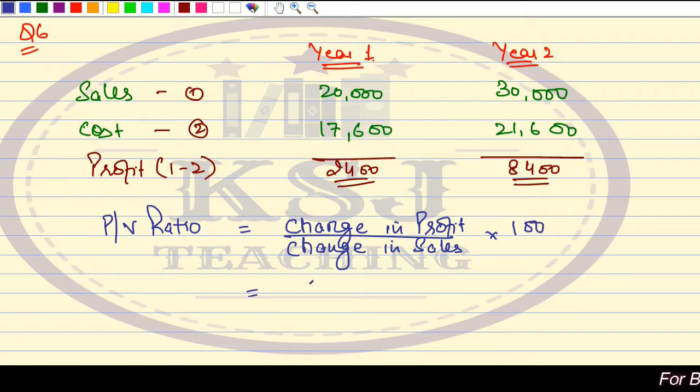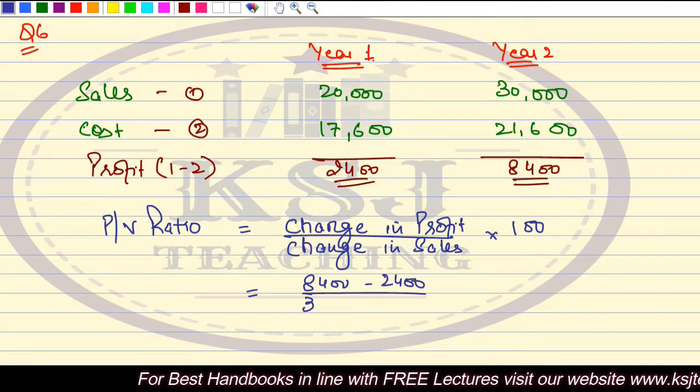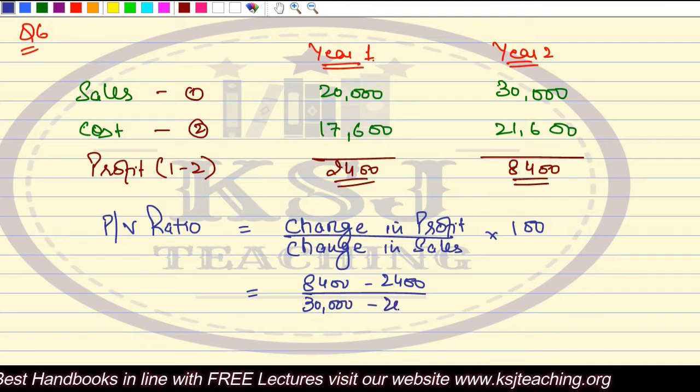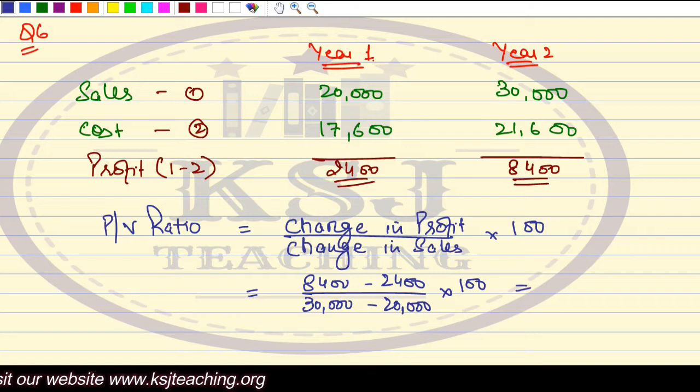So what is change in profit, sir? 8,400 minus 2,400 divided by change in sales, that is 30,000 minus 20,000, multiplied by 100. So this comes out to 60%. Now my PV ratio is 60%.